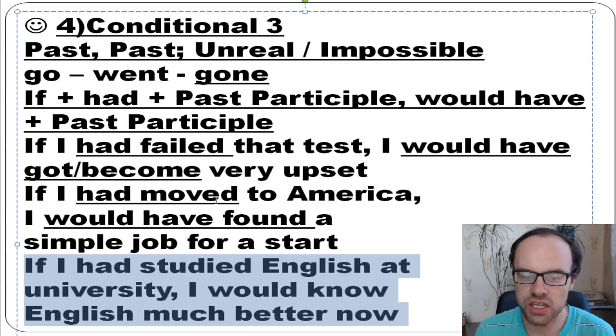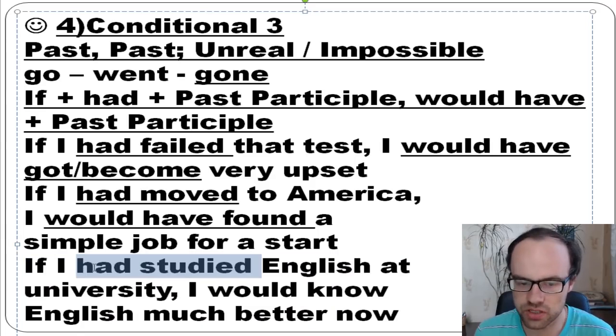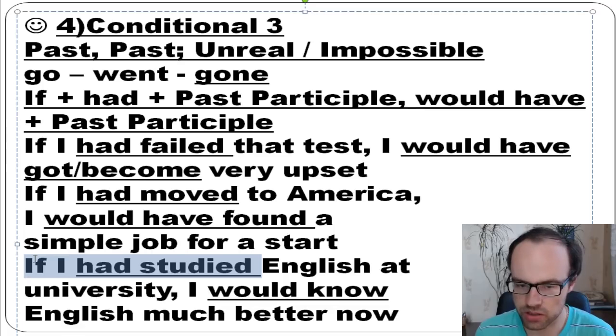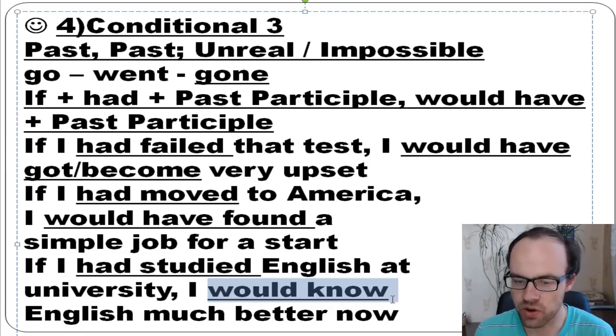So look, if I had studied English at university, so it's about the past. If I had studied, but they didn't study it, I would know English much better. So they would know English much better now. So it's unreal about the past and it's unreal about the present.